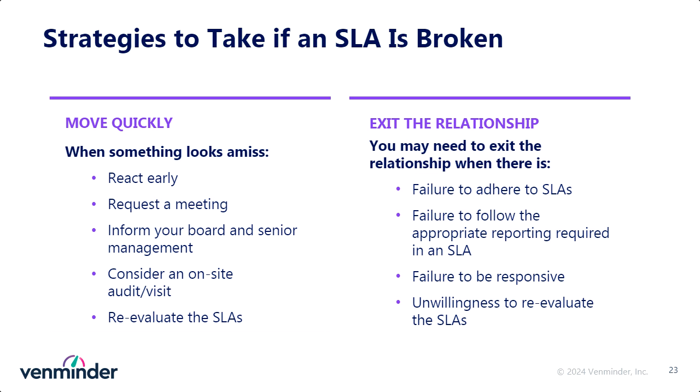But in the end, ultimately, if you're not able to satisfy yourself that the vendor is the right vendor and is going to be able to deliver what they say they're going to deliver in the way they said they're going to deliver it, you have hopefully built into that SLA the right to exit the relationship. And so you may indeed need to do that. That would be, of course, the last resort, but hopefully your SLA was written in such a way that you're able to have an out clause or an exit termination clause as part of missed SLAs.